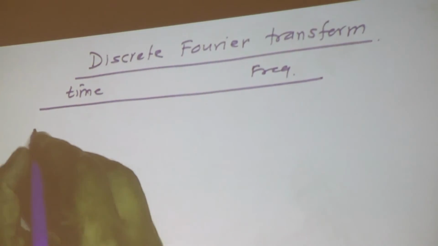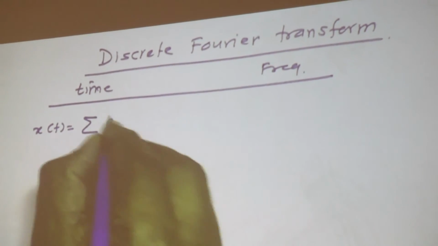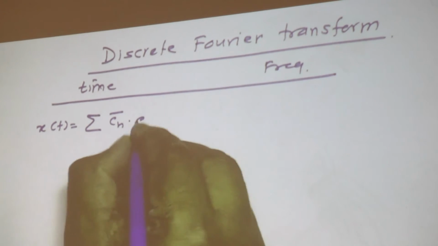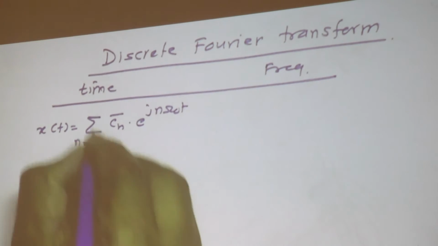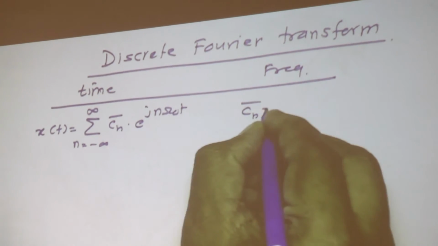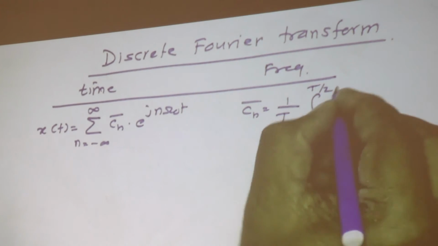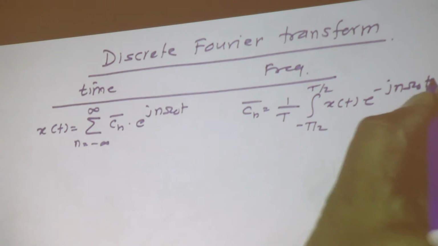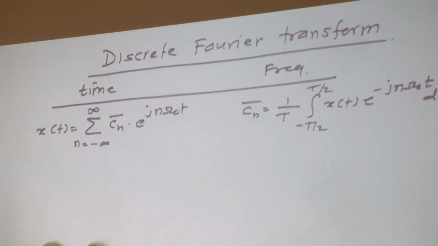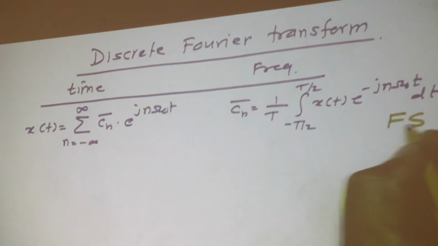The first equation in time domain was x(t) can be written as summation of Cn bar into e to the power j n omega 0 t, n going from minus infinity to plus infinity, where Cn bar was equal to 1 over T integration minus T by 2 to plus T by 2 x(t) into e to the power minus j n omega 0 t dt. This is known as Fourier series.